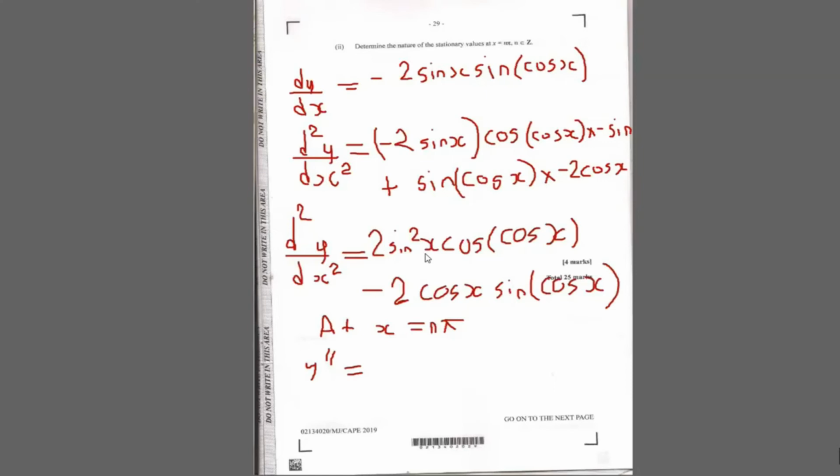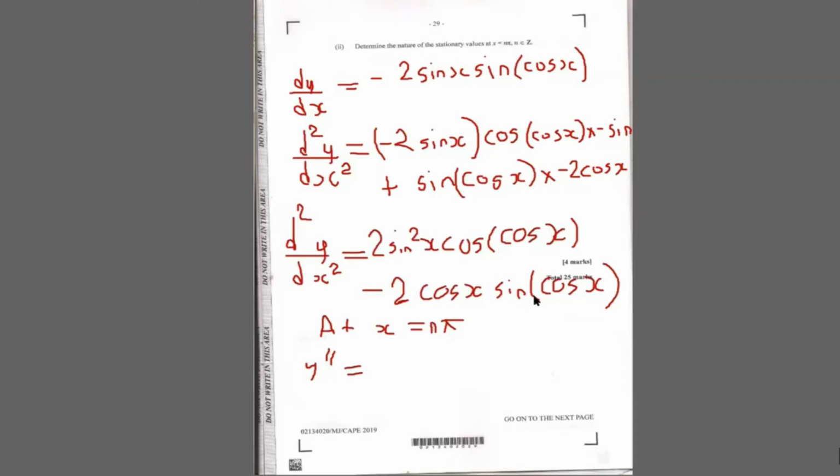2 times the sine of pi is 0. So all of this is 0. And then down here we're getting minus 2 times the cos of pi. This part works out to be 2. So we get 2 times the sine of the cos of pi.